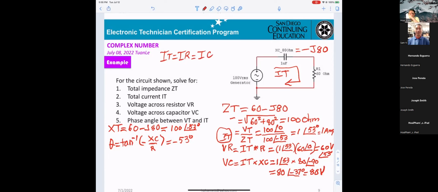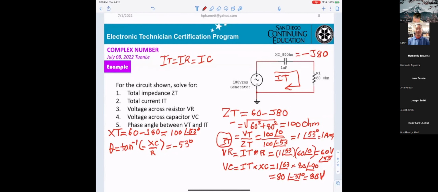That's correct for series. And you know IC is leading VC by 90 degrees. That's correct. Right, for a capacitor, the current leads the voltage by 90 degrees.